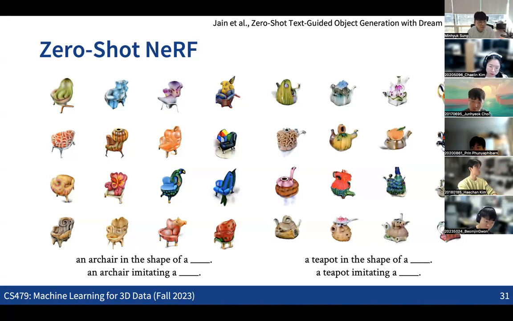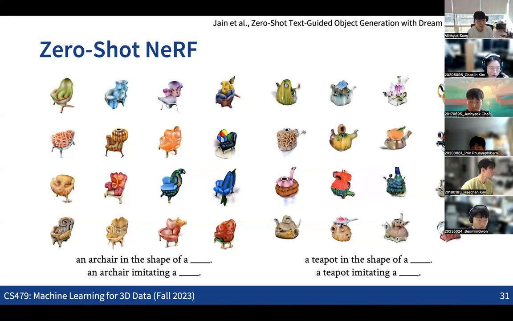And the question that we had last time is that if we have good generative models for 2D images, can we utilize the prior knowledge about realistic images learned from the 2D diffusion models to generate 3D objects? So that was the idea that we were discussing about 2 weeks ago.